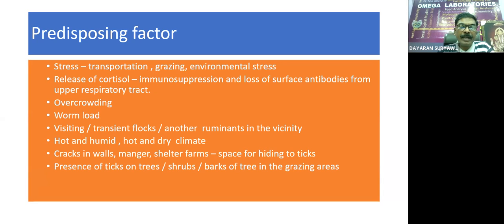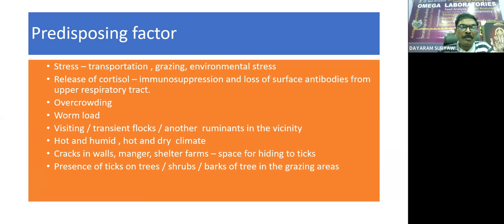Then a hot and humid climate or a hot and dry climate is a very important climate for the transmission of theileriosis in sheep and goat. In this case, the breeding places of the ticks get activated, or more breeding can be observed in the hot, humid as well as hot, dry climate.